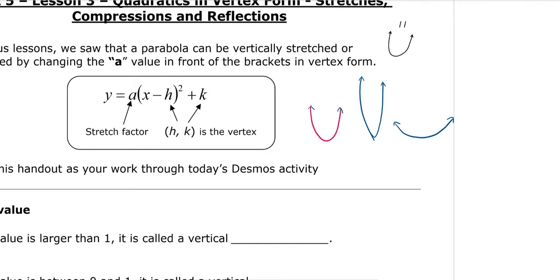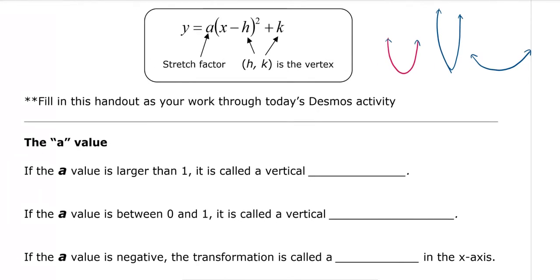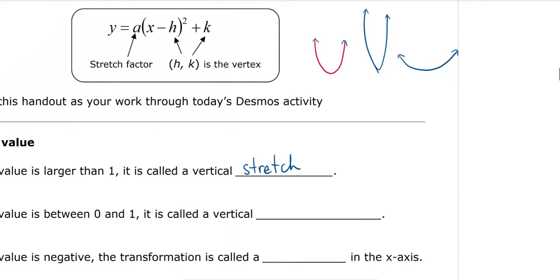So the size of the shape of this parabola is controlled by the value of A. If the value of A is larger than 1, we have a vertical stretch. The best way to visualize this is to think of the parabola as half of a rubber band.